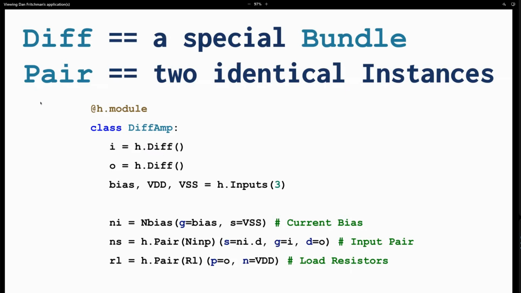So there's a paired utility called pair, which means two identical instances of anything you like. In this case, there are two of these pairs instantiated. One is something called ninp, some NMOS type that came in from off screen, and a pair of something called RL, which is some resistor type that came in from off screen.